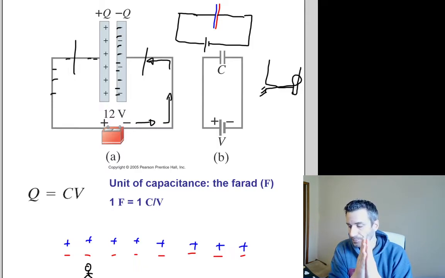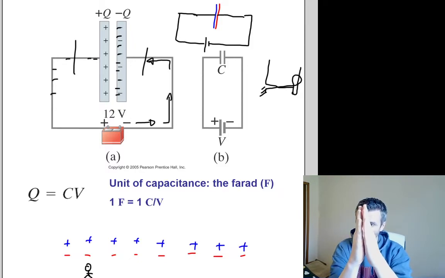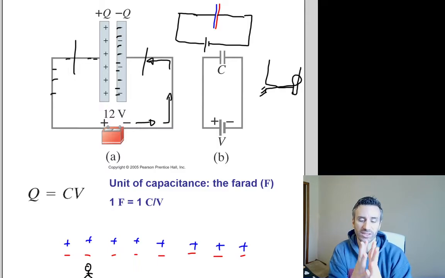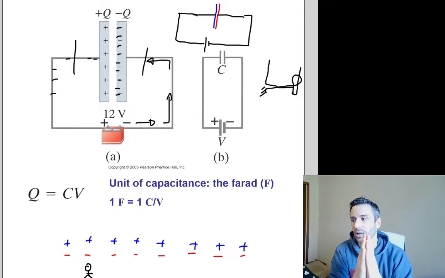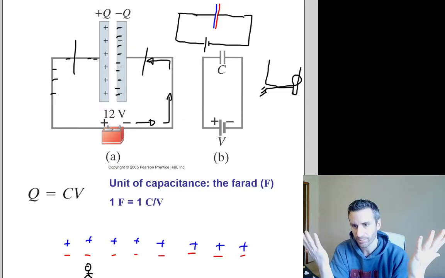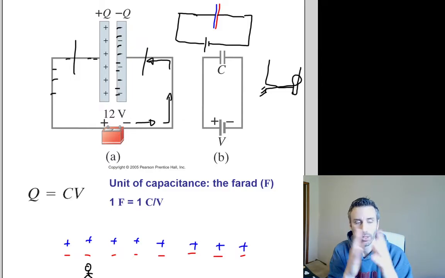So effectively, the entire idea behind capacitors is to get the two plates as close together as possible. And you want to put something in between them that is a very, very good insulator that will not allow an arc to occur between the two plates. If an arc occurs between the two plates, that's it. It's a terrible capacitor.